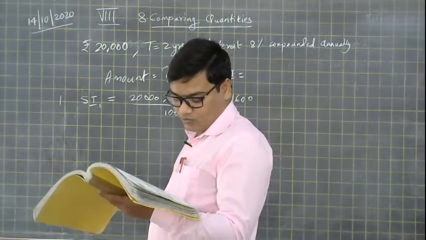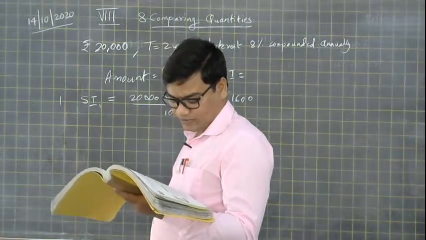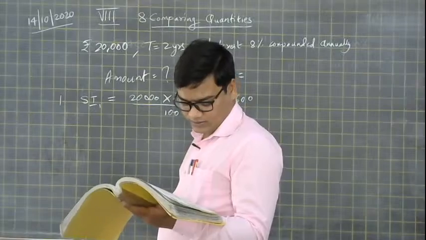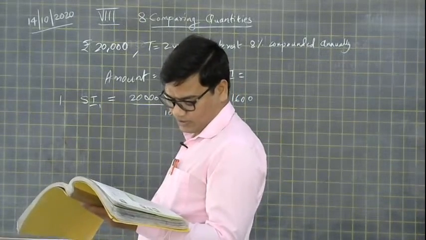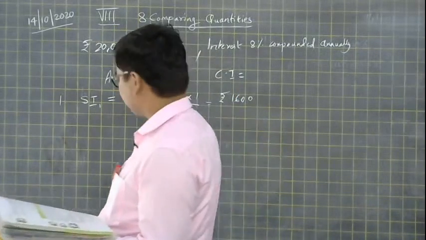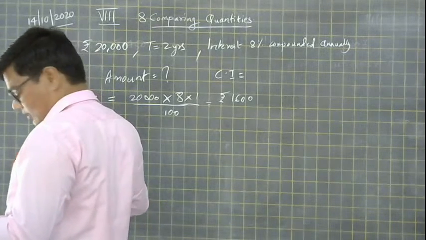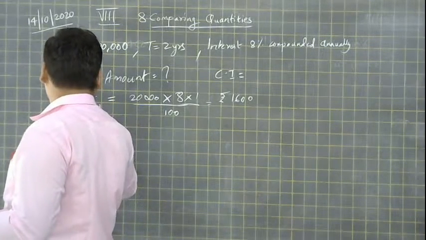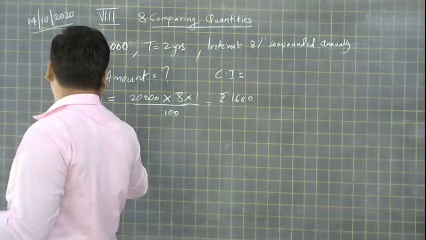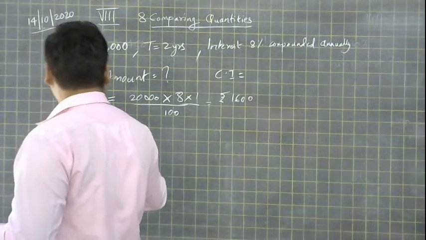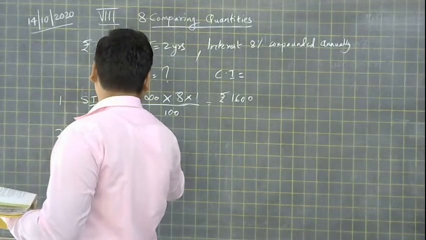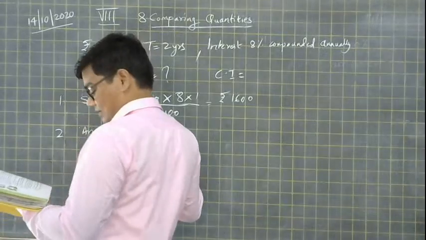Then find the amount which will be paid or received. This becomes the principal for the next year. Amount at the end of the first year is equal to P1 plus SI1.